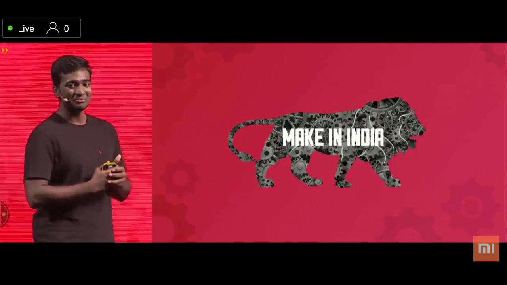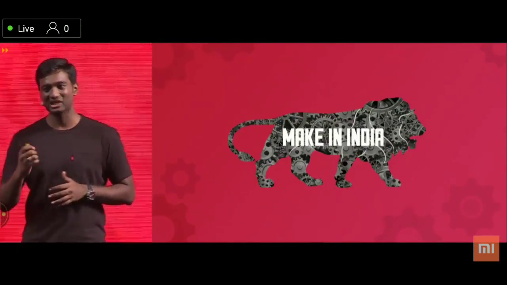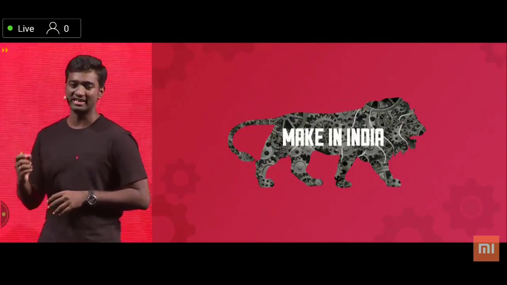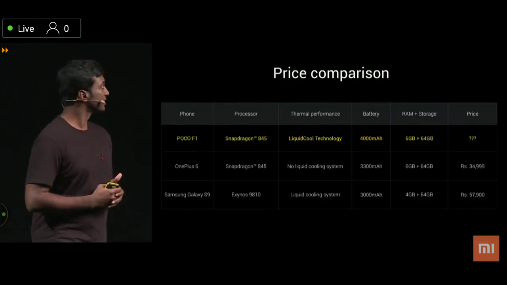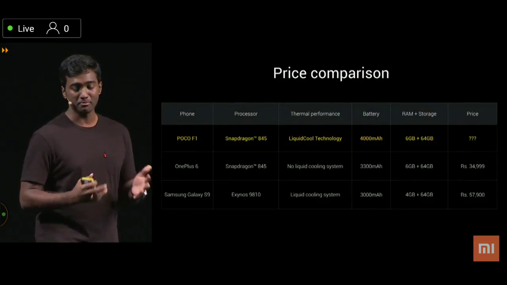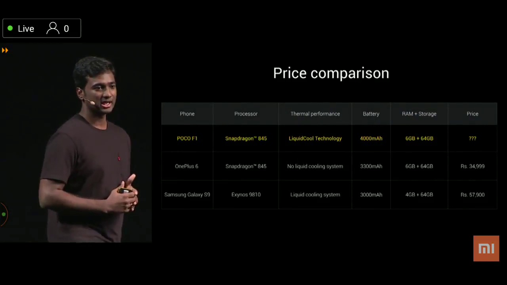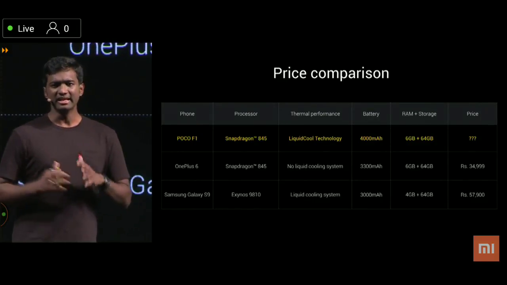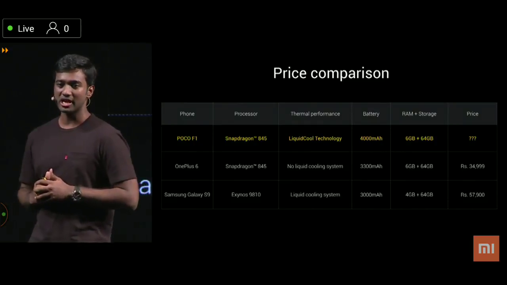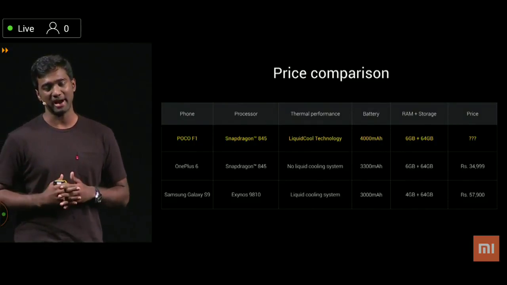So before going to the price, let's look at the other smartphones in the similar category. We have here the POCO F1 compared with OnePlus 6, which is powered with Snapdragon 845, does not have liquid cooling, comes with a 3,300 mAh battery.